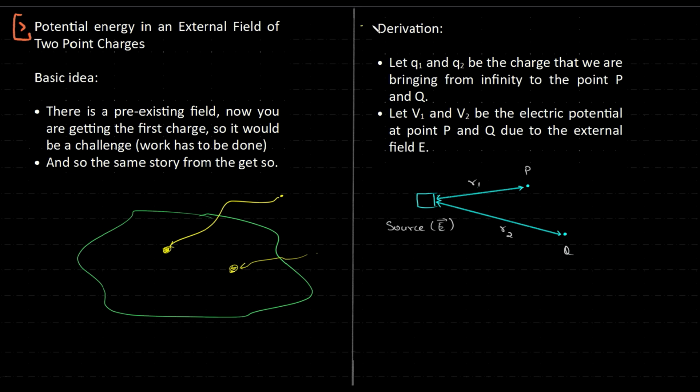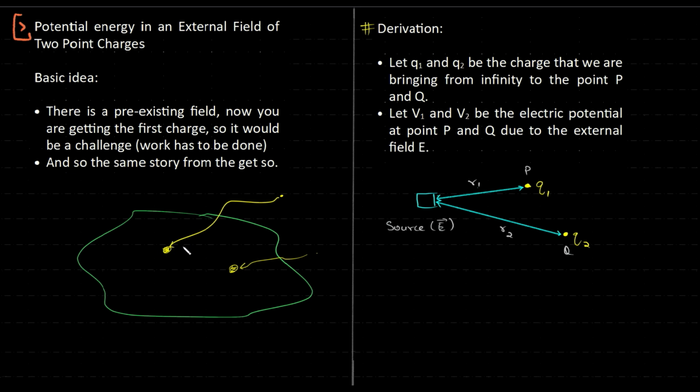Now, the derivation will start like this. So we are considering a pre-existing charge or pre-existing electrical field. And we are getting charge Q1 and charge Q2 to point P and point Q, of course, from infinity. Now, what will happen?